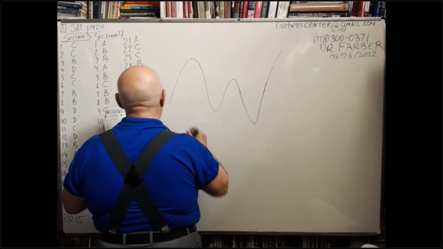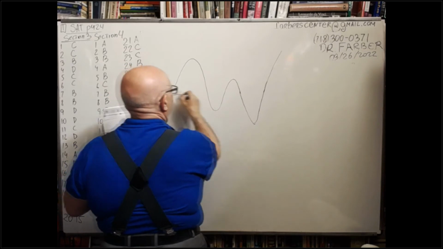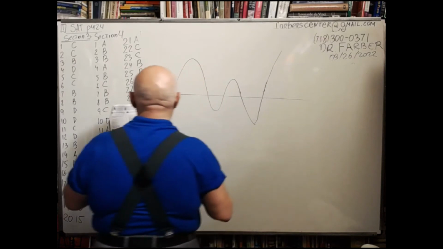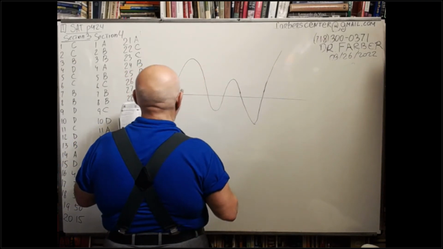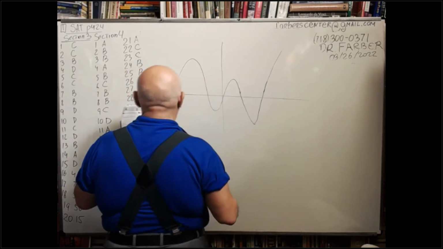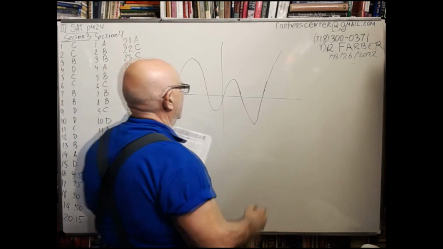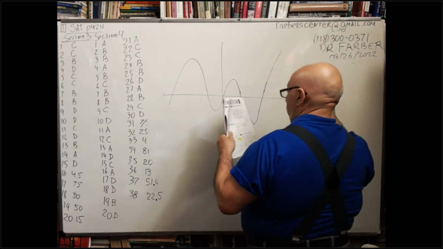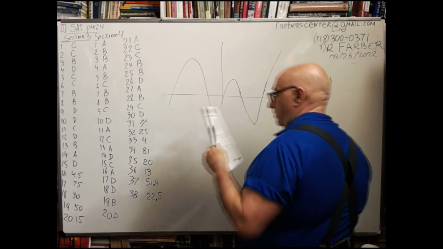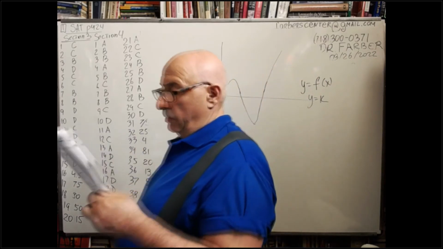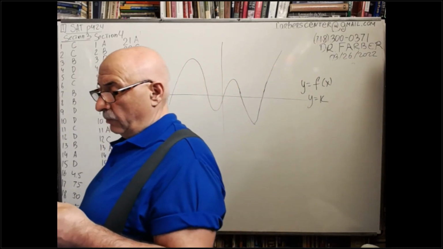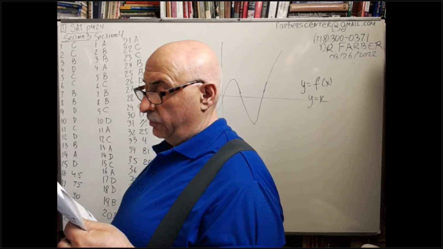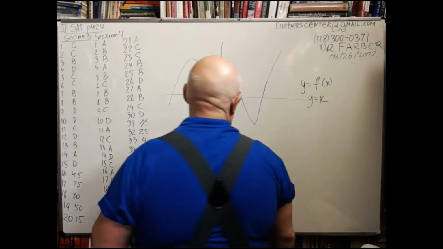And we have the y-axis, and y equals f of x, and y equals k, and the given interval. How many values of k does the system have exactly 4 solutions? 4 solutions.